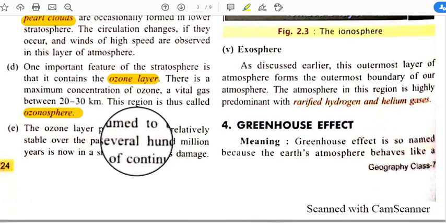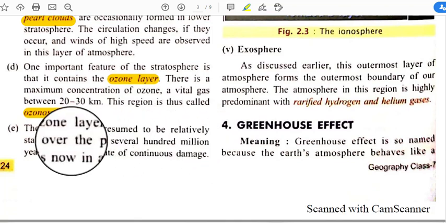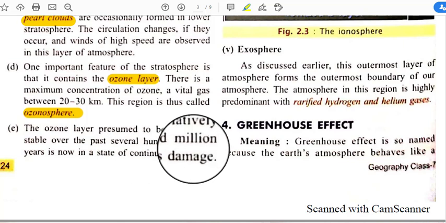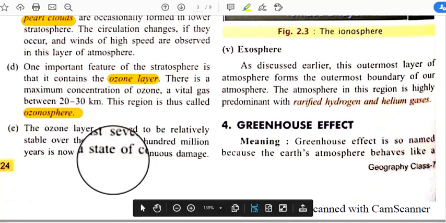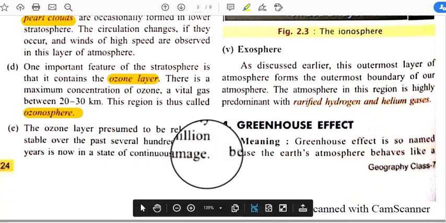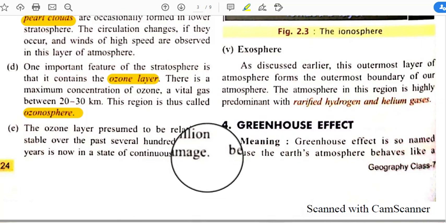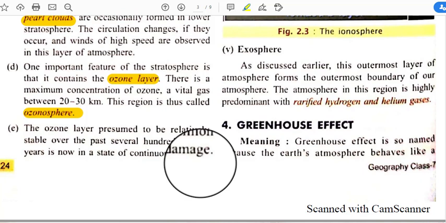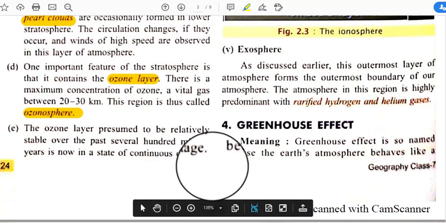The ozone layer is presumed to have been relatively stable over the past several hundred million years, but it is now in a state of continuous damage, and due to various kinds of human activity, the ozone layer is depleted, because its condition is not so good nowadays.